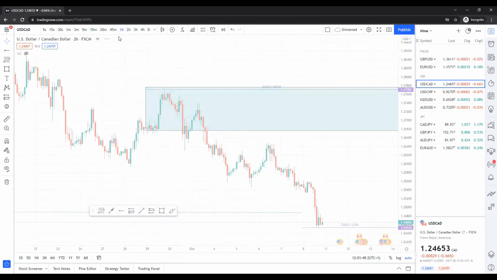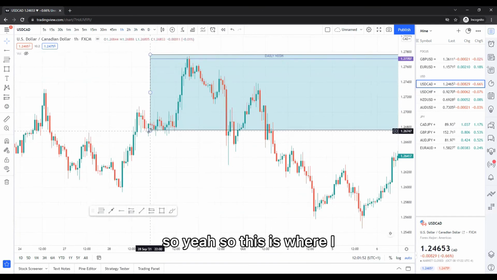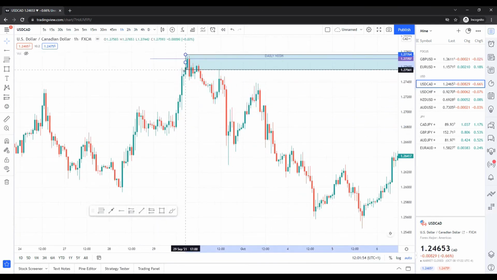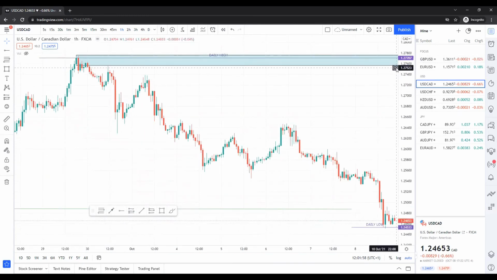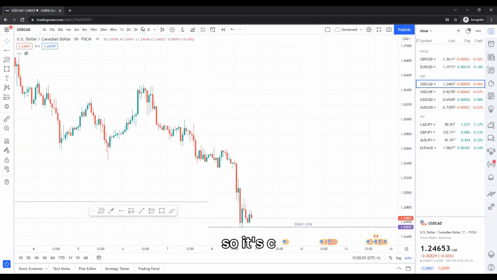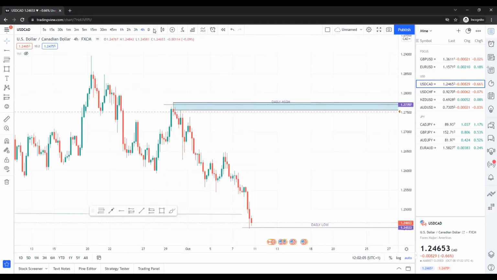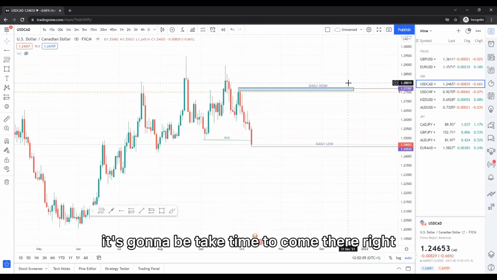It's in the 1 hour. So this is where I'll do things. Refine, and I'll mark the alert here. If price comes here, then I will act. Otherwise, see, it's huge. So it's going to take time to come there, right?